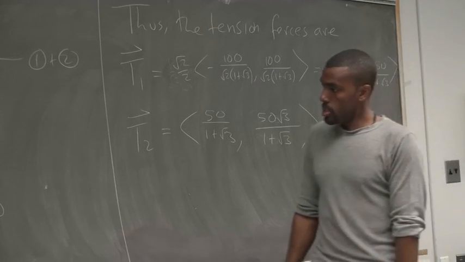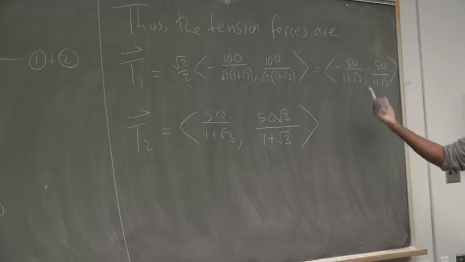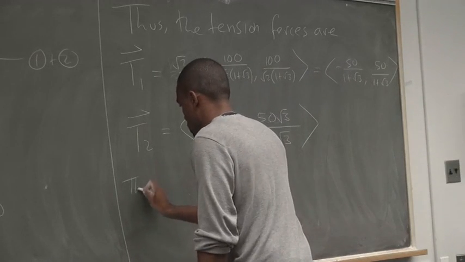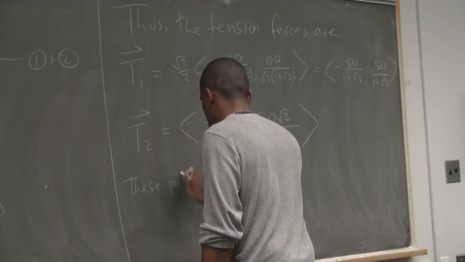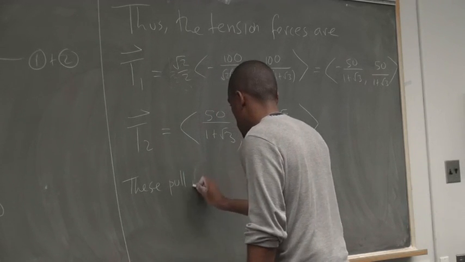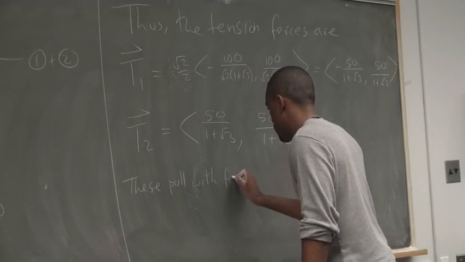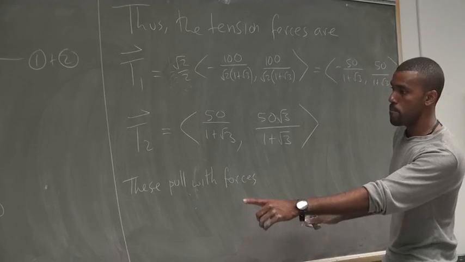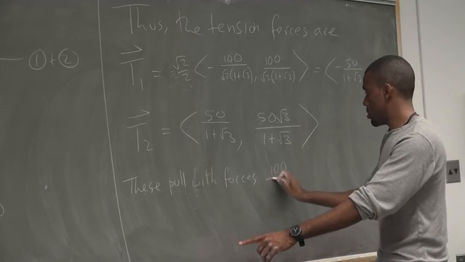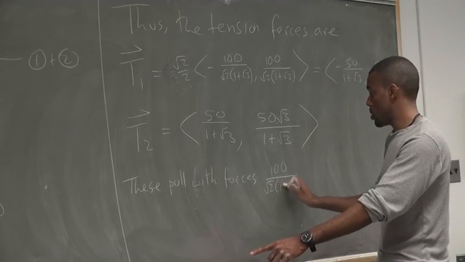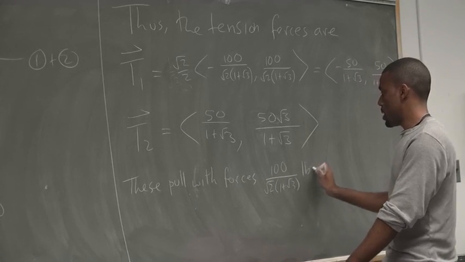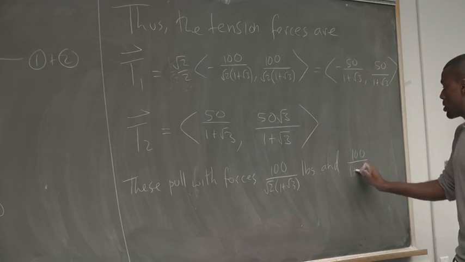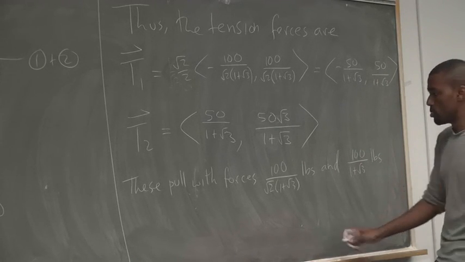So those are the actual tension forces. With the vector you can tell their direction, and the magnitudes you actually found. These forces are 100 over radical 2 times 1 plus radical 3 pounds, and 100 over 1 plus radical 3 pounds, respectively.